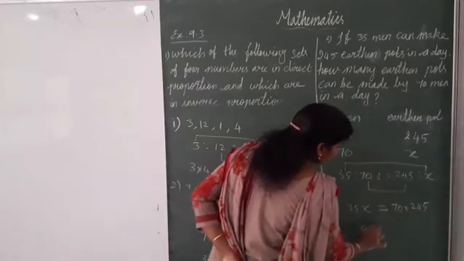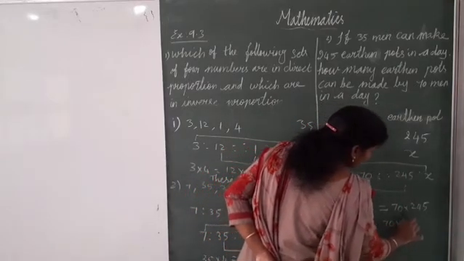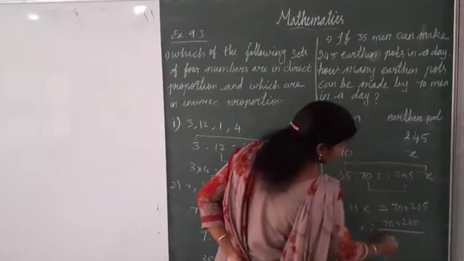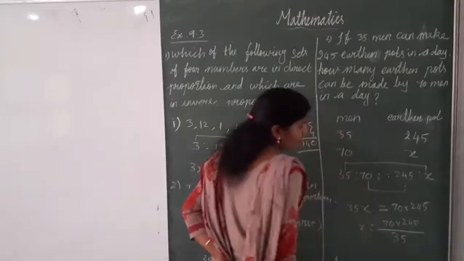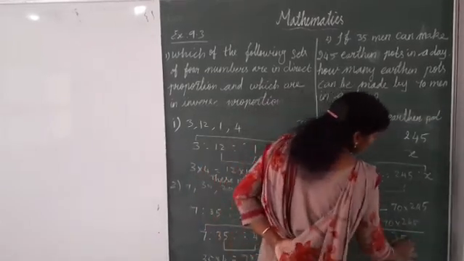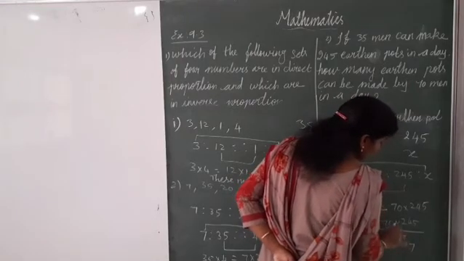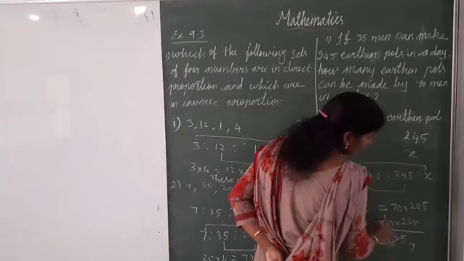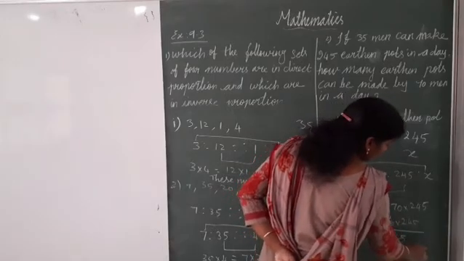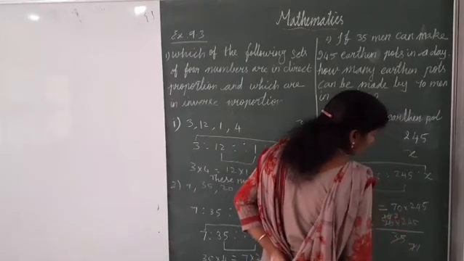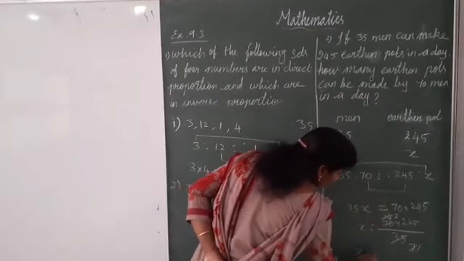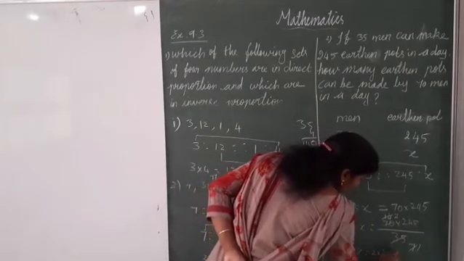Now we get x equal to 70 into 245 by 35, isn't it? Now we can cancel it. 5 7s are 35. So 70 by 35 is 2. Now here x equal to 2 into 245.